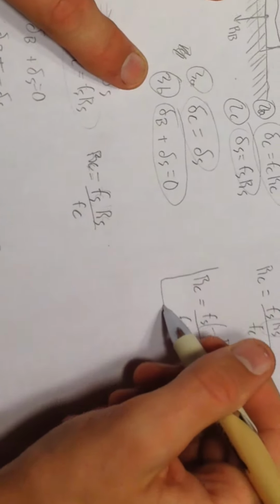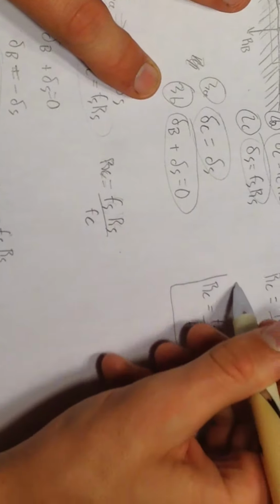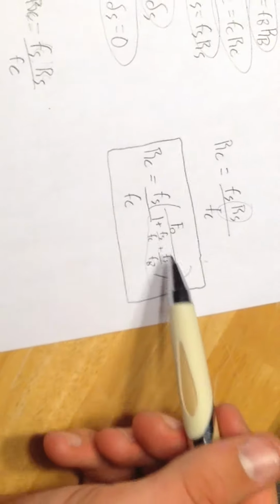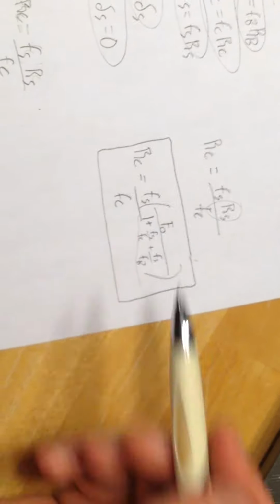Looks pretty messy, but that's our equation for RC. All of these values are known, all the flexibilities are known, and F naught is known as well.